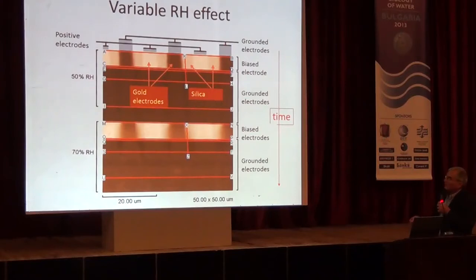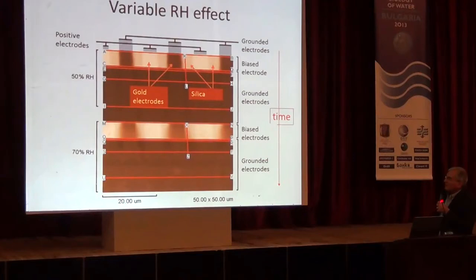Running at 50% relative humidity, and we start to run here. This is scanned one line, and so on. So that's a time axis. Here, the image is very steady. We see the stripes, definitely without change. Here, everything is grounded.